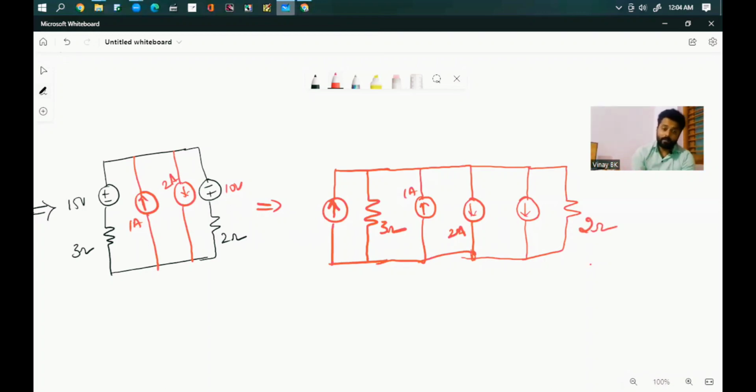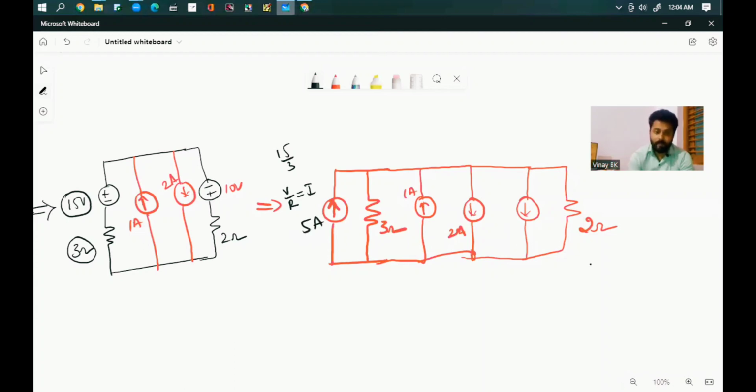I kept this empty for the two transformed current sources. So this current I is given by V by R, where V is 15 volts, R is 3 ohm, 15 divided by 3 is 5 amperes of current flowing here.